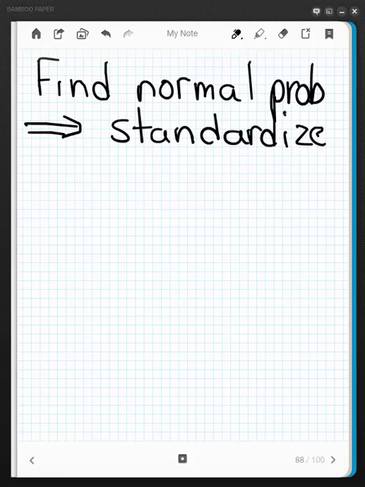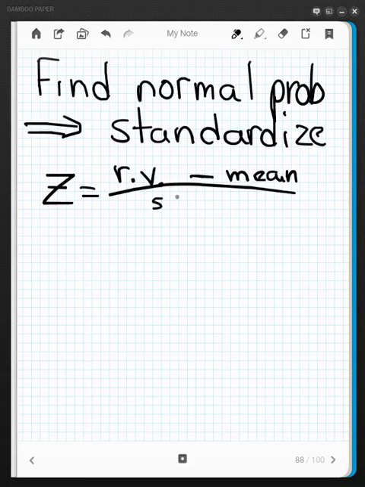And to standardize, the general standardizing process is to get a z-score, right? You start out with the random variable's value, subtract the mean, and divide by the standard deviation.